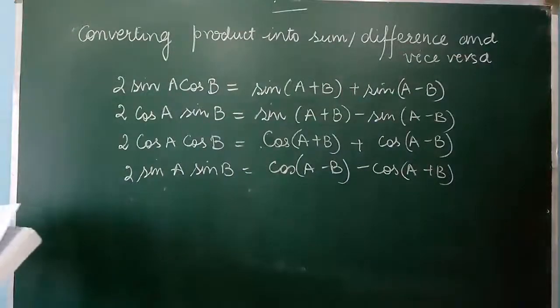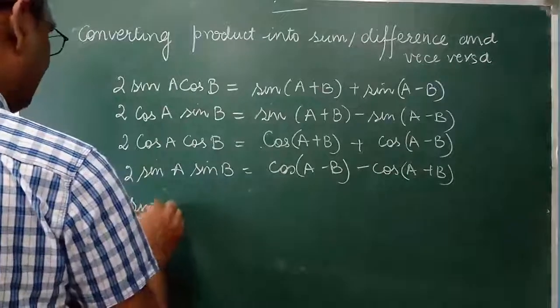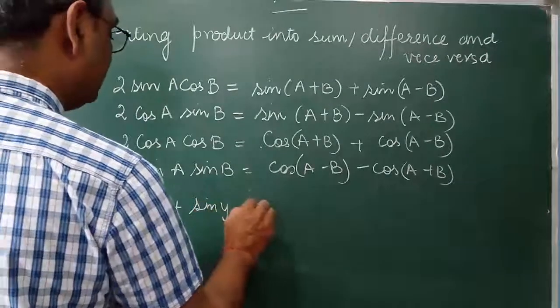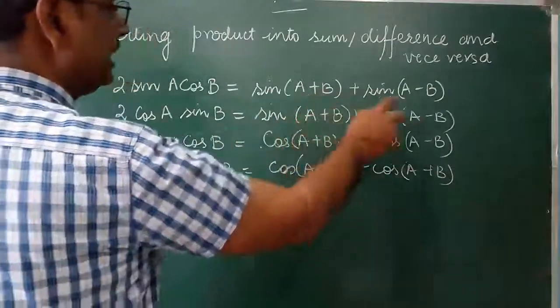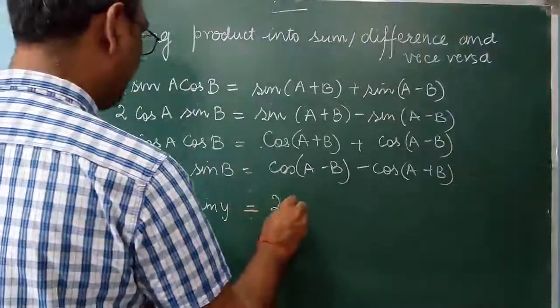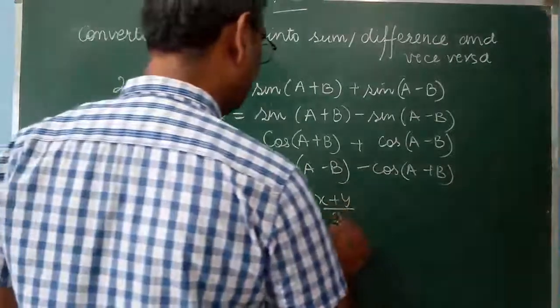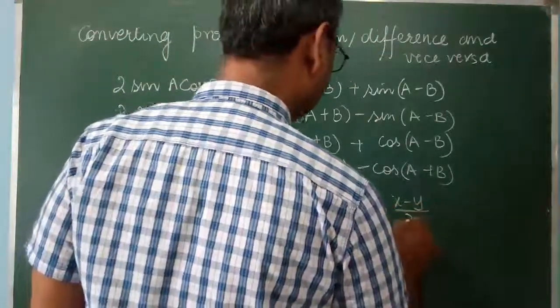Now the half angle formula, we just say, here it is sin x plus sin y. So same thing here. Here we are taking it to be x, here we are taking it to be y. So it will be 2 sin x plus y by 2 into cos x minus y by 2.